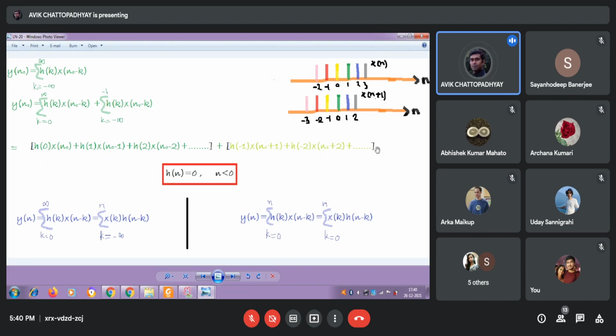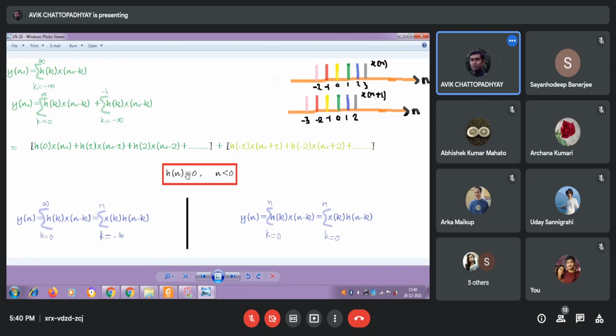So to make the whole summation vanish, make it 0, the individual coefficients h of -1, h of -2, h of -3, etc., have to be 0. In general they have to satisfy this condition: h of n equals 0 when n is less than 0, that is -1, -2, -3, and so on. So this is the rigorous way to prove it.